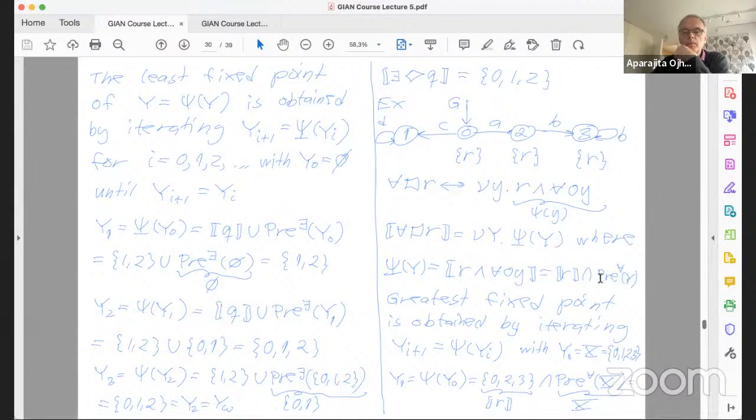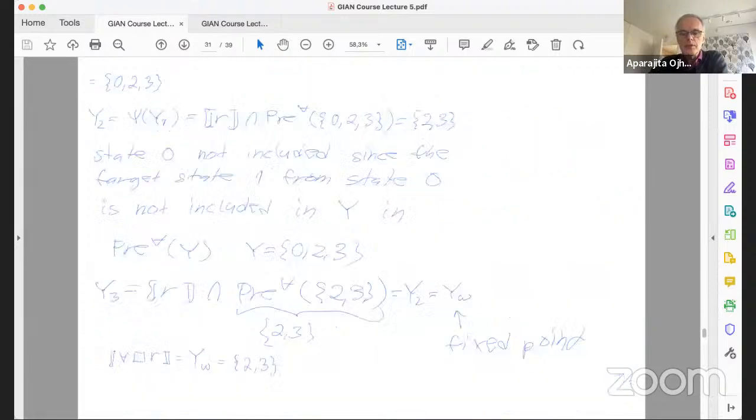And then the pre for all of the whole state set X, what is that? Well, if you already include all states, that still means all states, because you can always go backward from any state. Since all other states are included, there will be no restriction on that. If you take the intersection of all states and the states R, then you will get R. That means 0, 2, and 3.